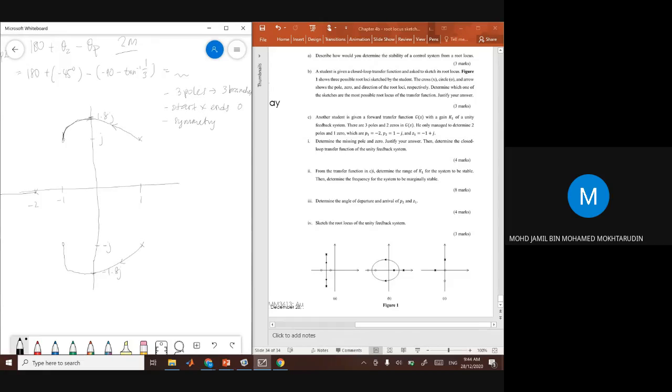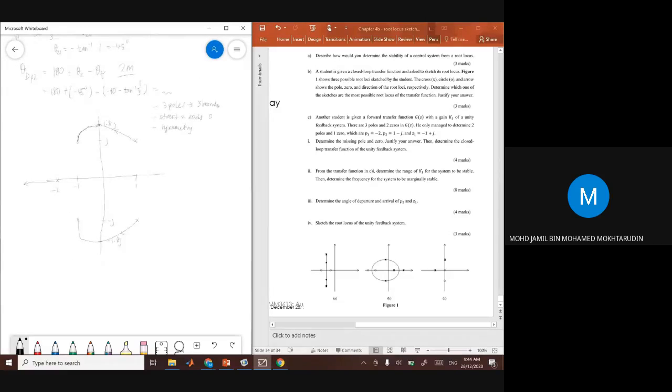Okay, you get 1 mark for plotting poles and zeros.